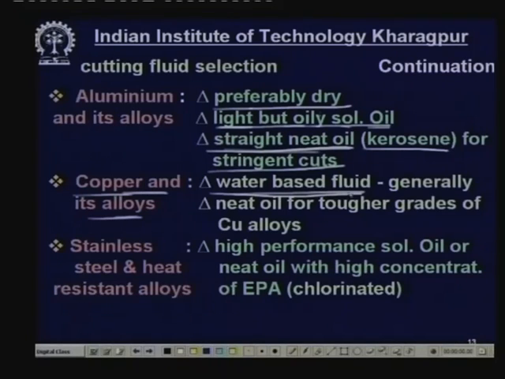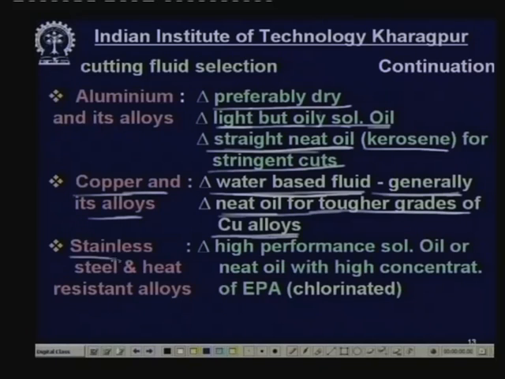If it is high speed machining, then generally we use inactive type, but if it is heavy cut, tougher grades, then neat oil or active type water based chemical fluid can be used. So, chemical fluid of inactive type should be used for machining copper and its alloys at high speed, where the force is not much, and neat oil or this active type chemical fluid for tougher grades of copper alloys.